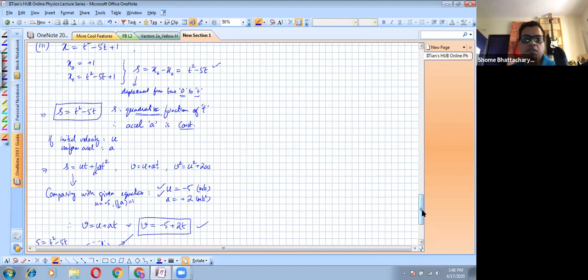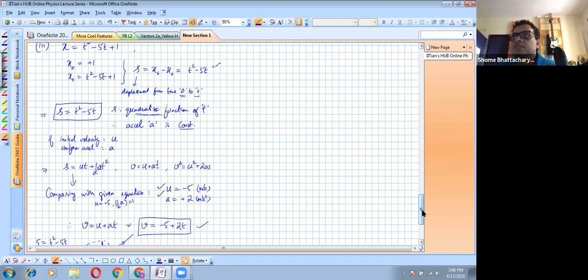Alright, people. So this should be pretty simple and easy. Again, to come back to this, looking at the equation of x as a function of time, you can see that you are getting displacement as x at time t minus x at t equal to 0.